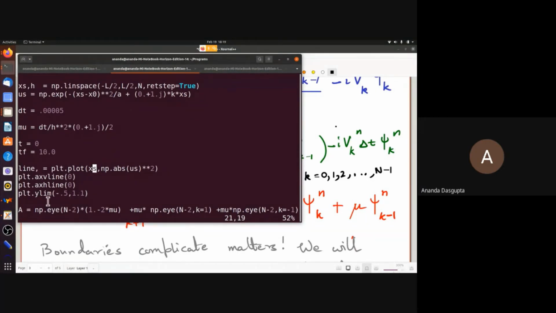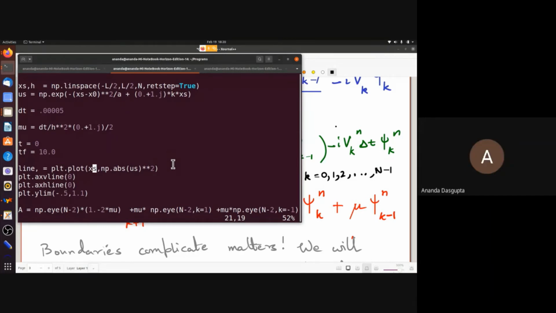These are just ways of making the graph look a bit better. The only thing which is important here is this one thing. Is this something which is obvious to everybody, or does this need an explanation? Yes? Please explain, sir.